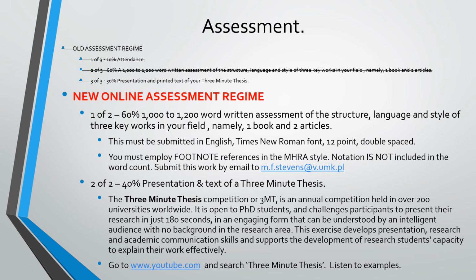We now have two items of assessment only. Item 1, for 60% of your result, is a written assessment of the structure, language, and style of 3 key works in your field, namely 1 book and 2 articles. That is to say, you have 1,000 to 1,200 words for the whole assignment.